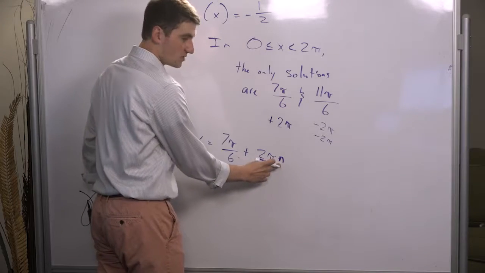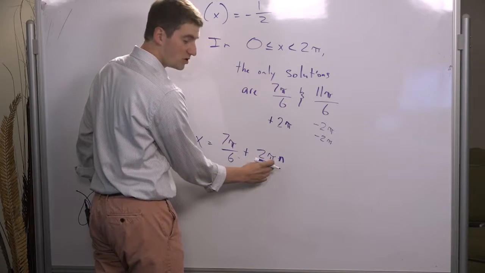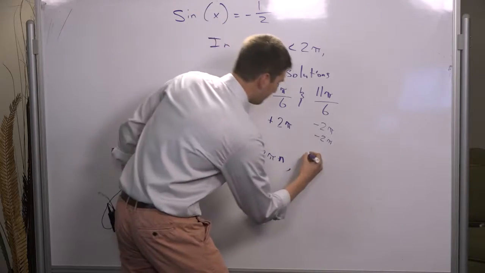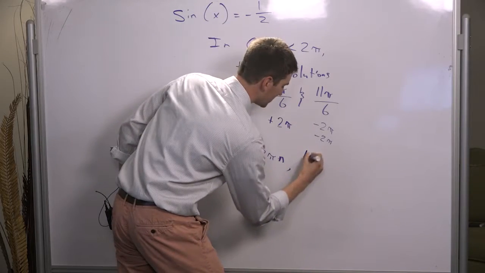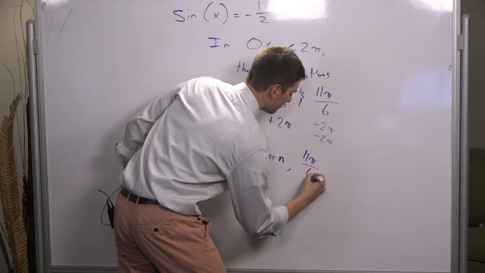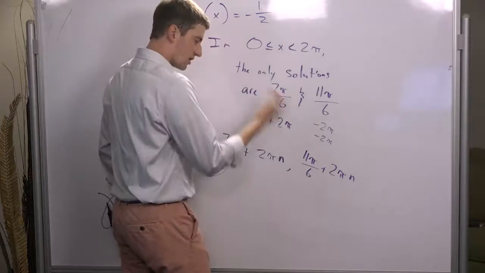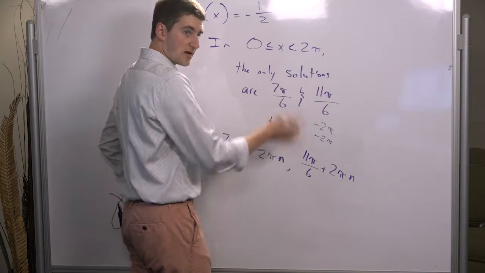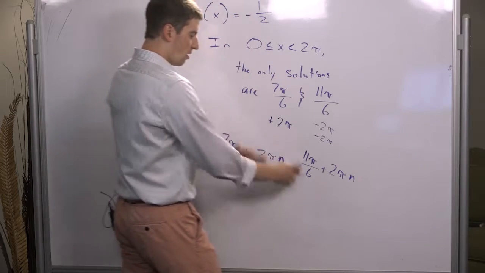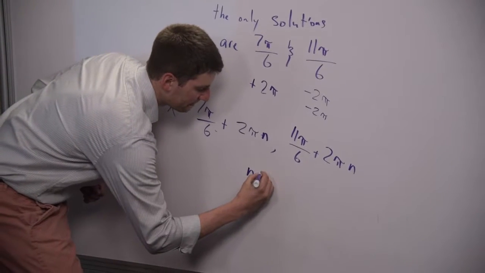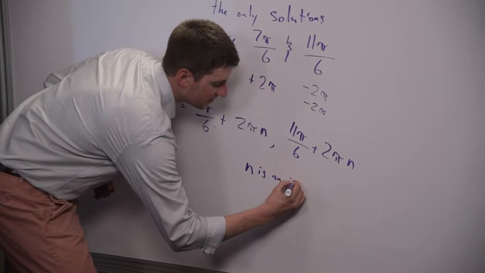So for example, if n was equal to 2, then we're adding 2 pi's, so that's still a solution, as well as our other solution with the same type of pattern. So we're going to add 2 pi n, because we can go around the unit circle as many times in either direction, as long as we go all the way around 2 pi. And where n is an integer.